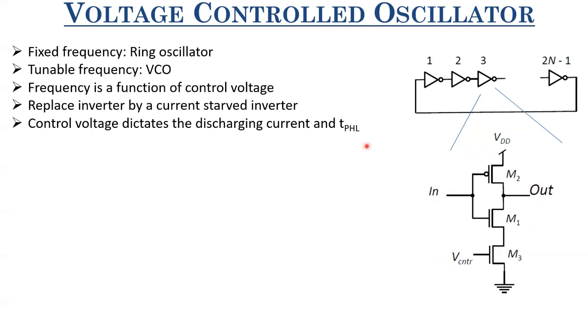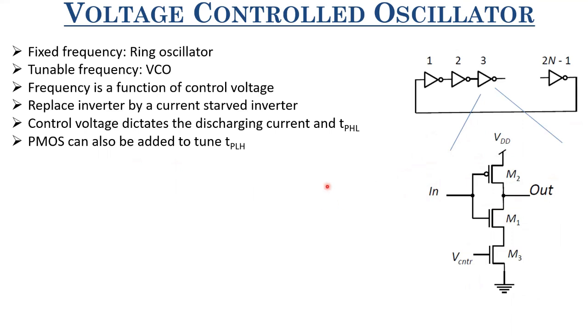So by modulating TPHL, you can change the delay of this circuit, right? Similarly, if you add PMOS, then you can also tune TPLH of this circuit. So if you can change both TPLH and TPHL, then you can change its time period or its delay, and hence you can change the total frequency of this oscillator.